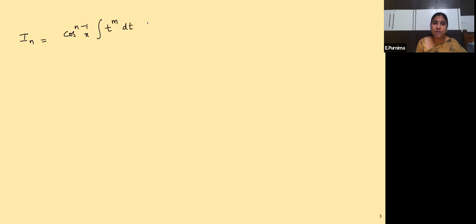Cos x dx becomes dt, plus minus integral of d by dx of cos to the power of n minus 1 x, that is nothing but n minus 1 into cos to the power of n minus 2 x into d by dx of the internal function cos x, which is minus sin x, into integral of t to the power of m into dt, whole dx.